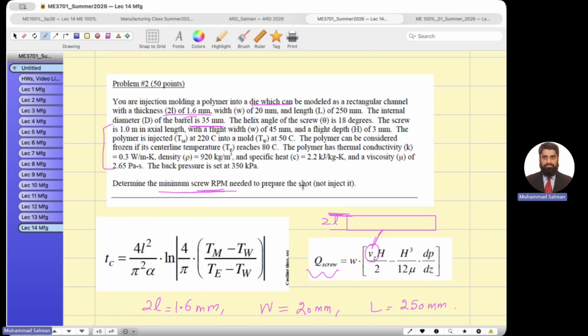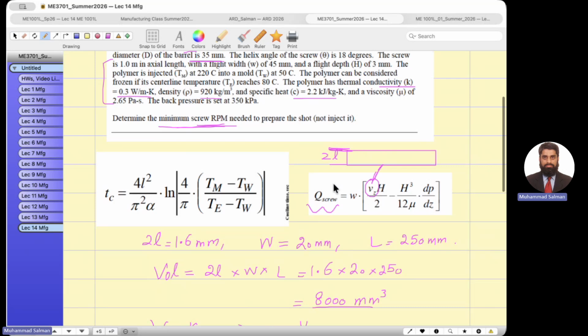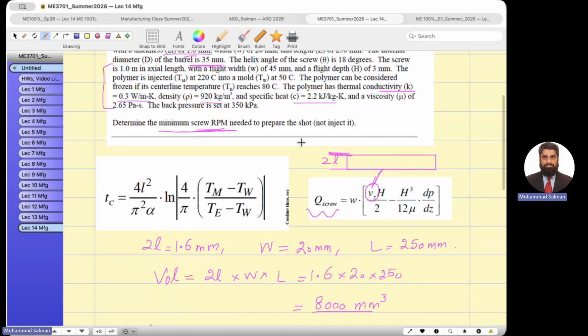If you closely look, polymer has a thermal conductivity of 0.3 watts per meter per Kelvin. Density has been given, specific heat has been given. So I can plug it in: 0.3 divided by 920 divided by 2.2. This is kilojoules, so I will convert it into joules per kilogram per Kelvin.